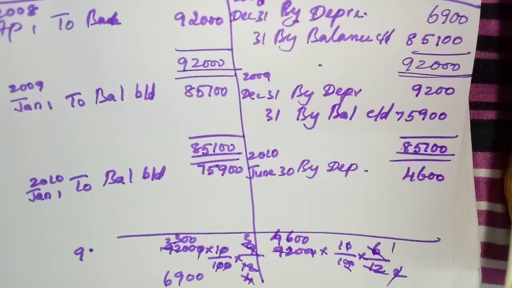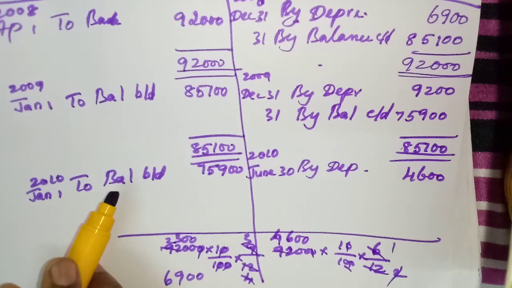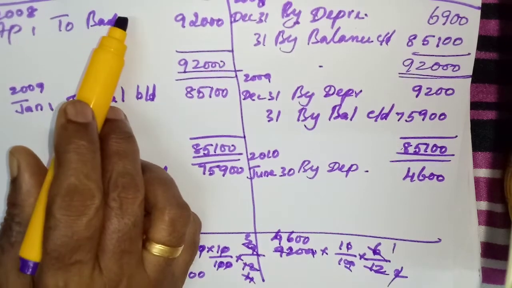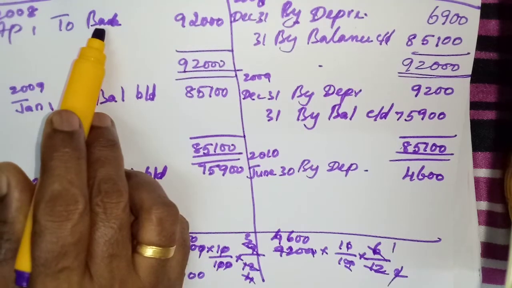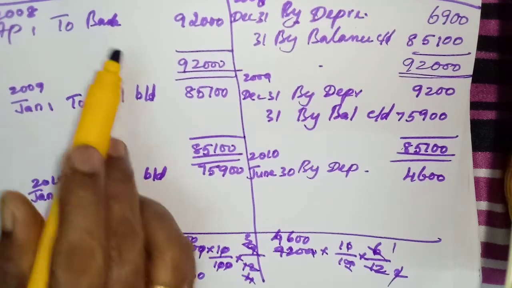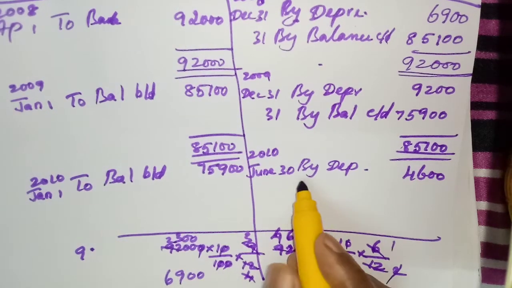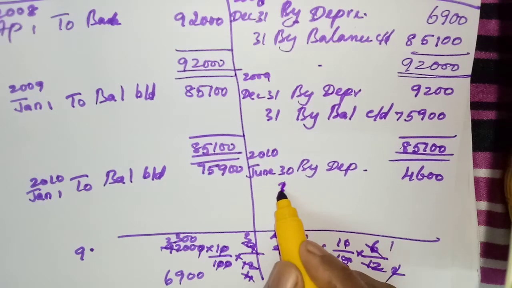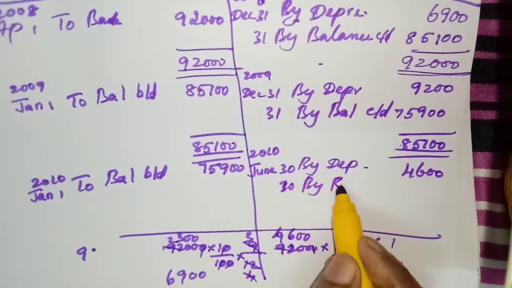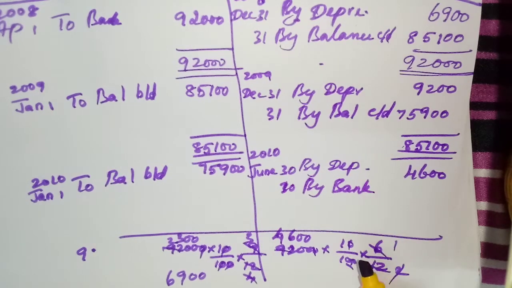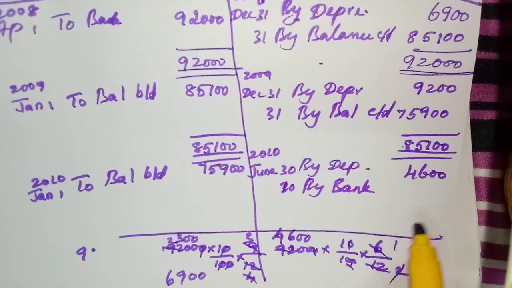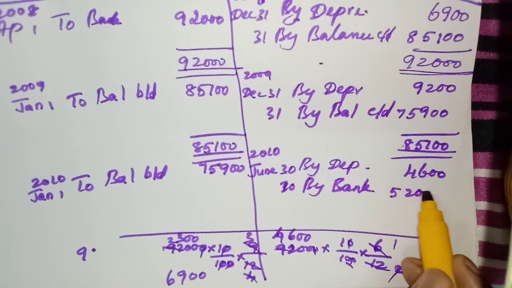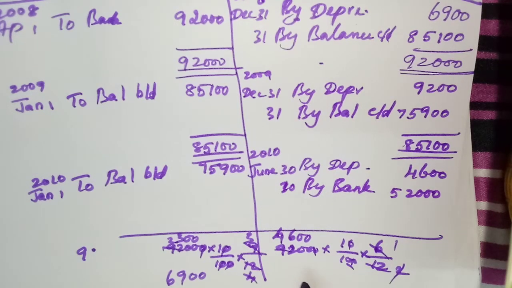Now they are selling the machine for 52,000. So what do we want to write? When we sell the machinery, what is the entry? Opposite. Here, purchasing: machinery account debtor to bank. When we sell: bank account debtor to machinery. So by bank account, or by cash also you can write, 52,000.